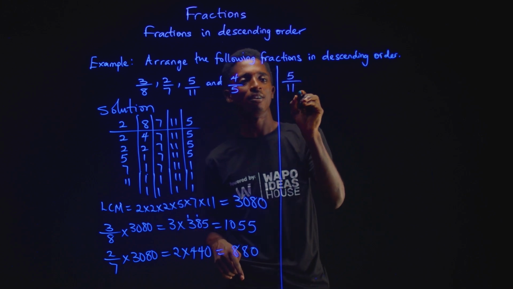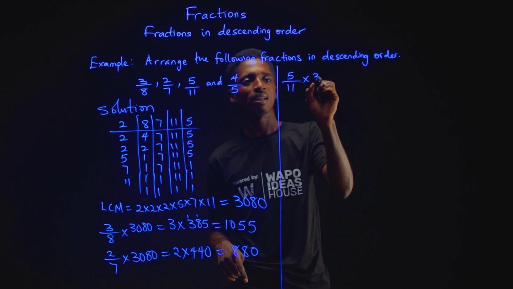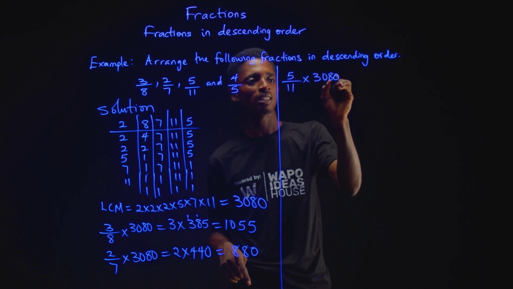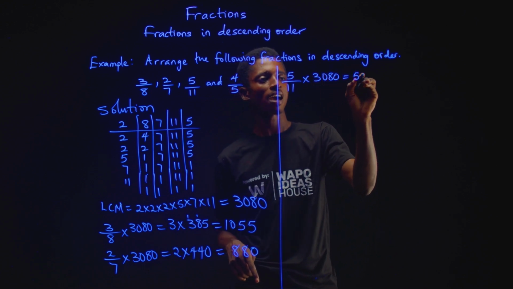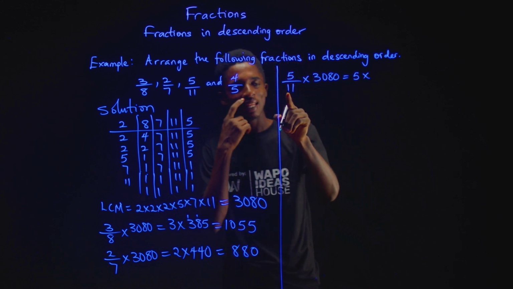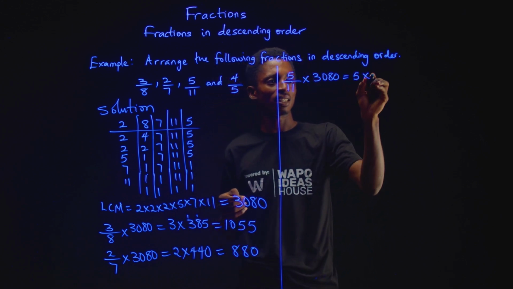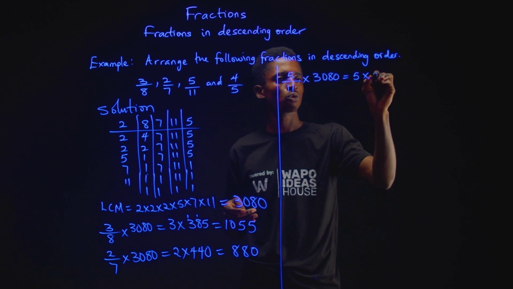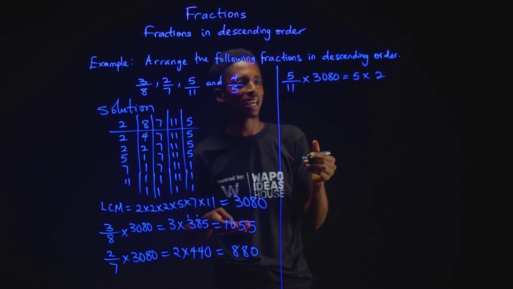Now to the third fraction. 5 over 11 multiplied by 3080. This will give us 5 multiplied by 11 in 30, that is 2, that is 22, remainder 8.